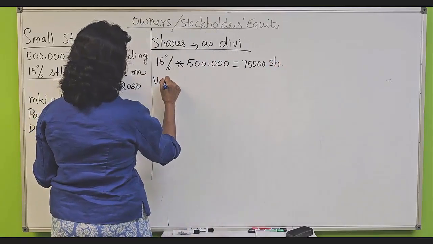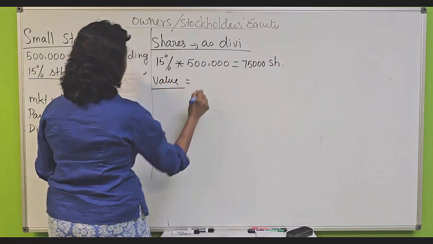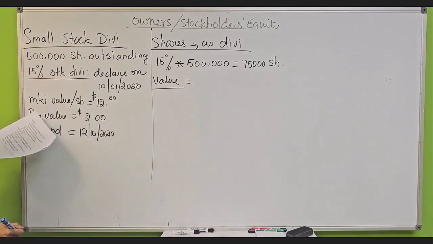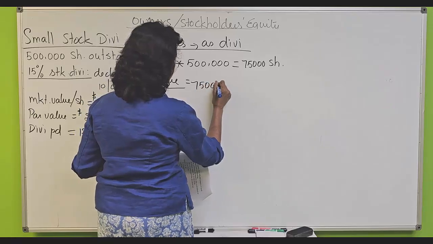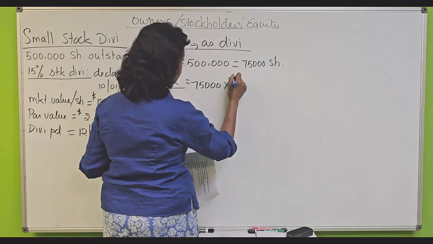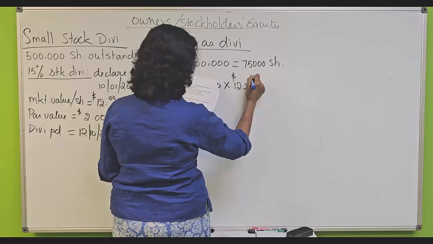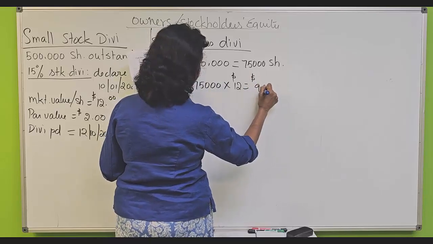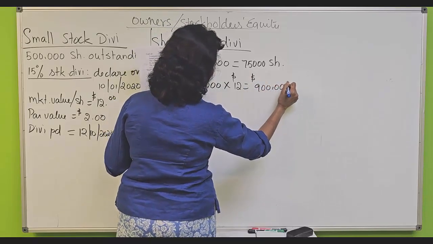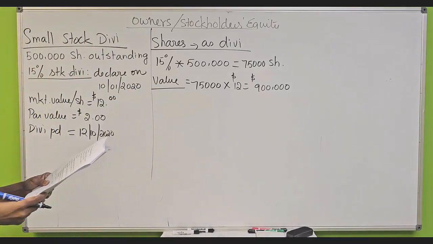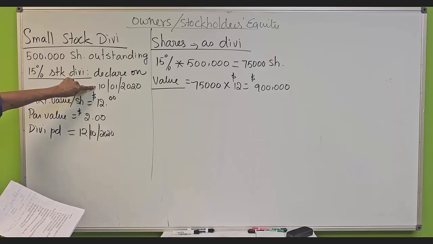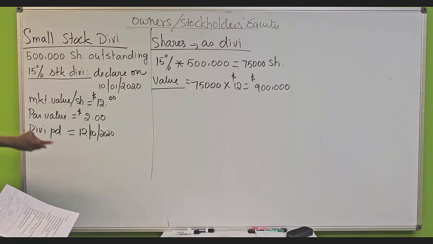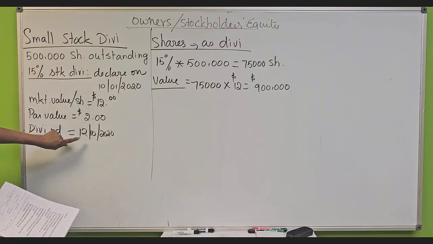And what is the value? As of the declaration date, the value is $12. So the value of these dividends is 75,000 shares times $12 equals $900,000.